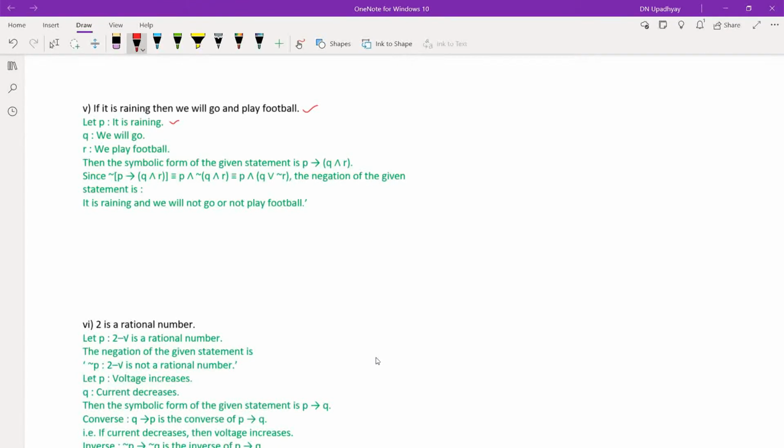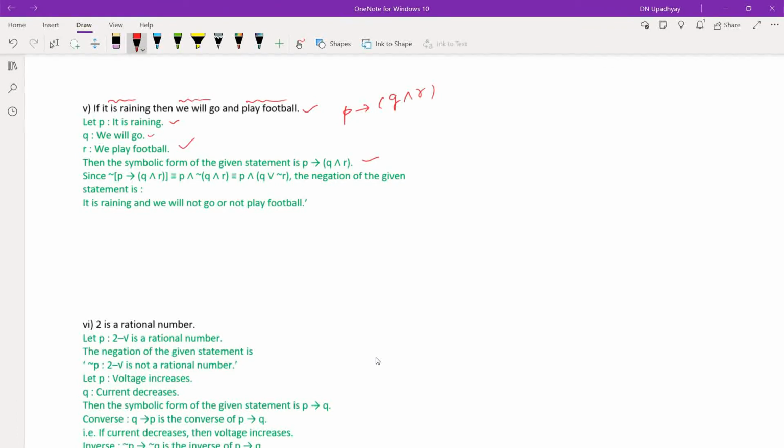Actually, there are 3 statements in this. See, it is raining, we will go and play football. So we will go, suppose this is Q, and R is we will play football. So basically the symbolic term will be P if and then Q and R. So this is the basic symbolic term.